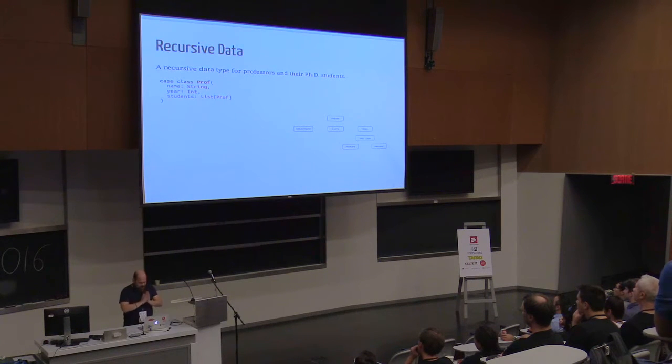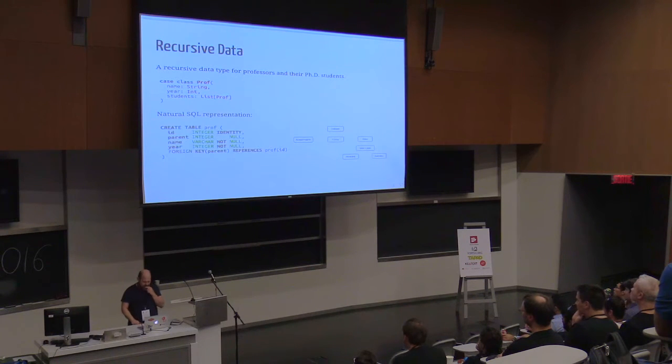All right, so the kind of invented problem I want to talk about is how do we take a structure like this and save it to a database and then load it back? That's it. A very simple problem that has a lot of interesting consequences when you think about it. Normally this is the way you would represent this kind of a structure in a relational database.